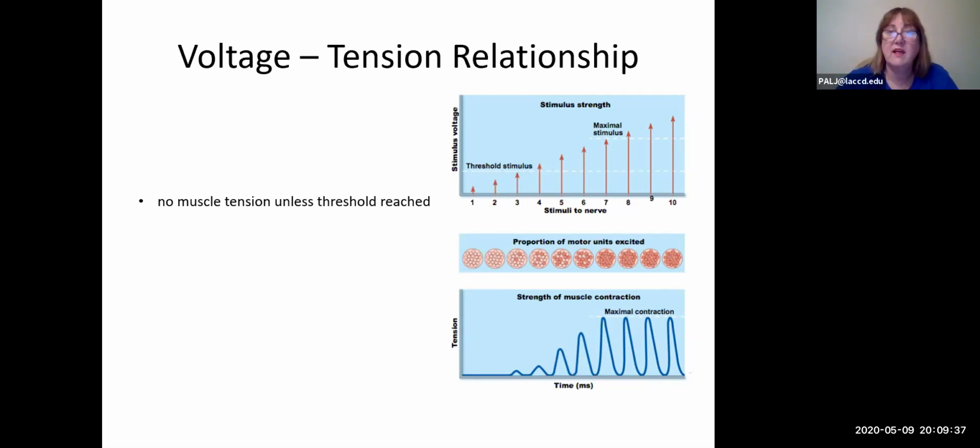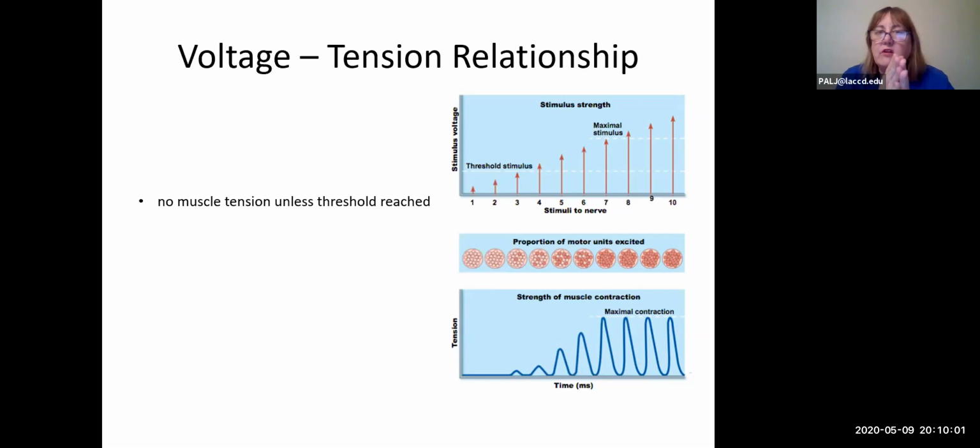0. Then all the rest of these contractions being shown have all reached the threshold. What you notice is that in each of these, the stimulus is getting higher and higher. Actually, from 1 through 10, the stimulus is getting higher and higher.